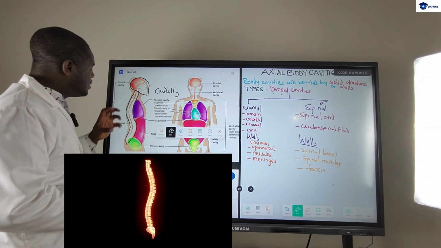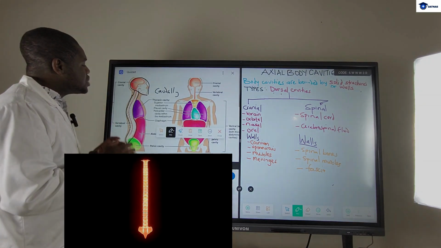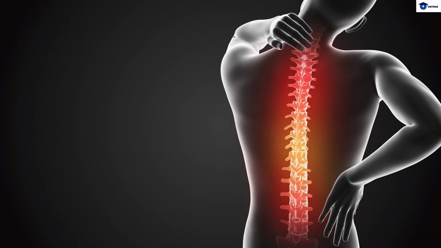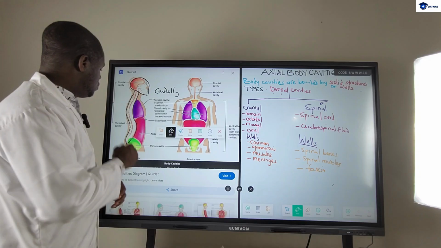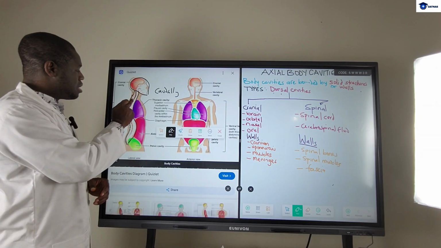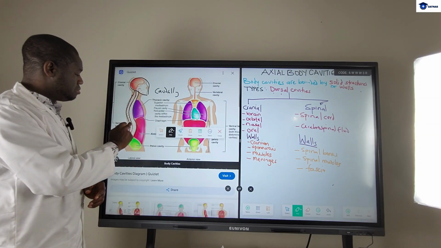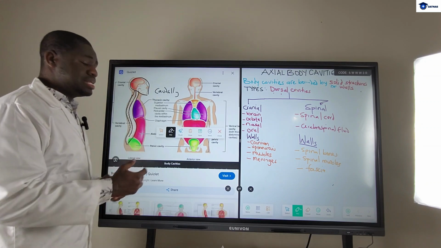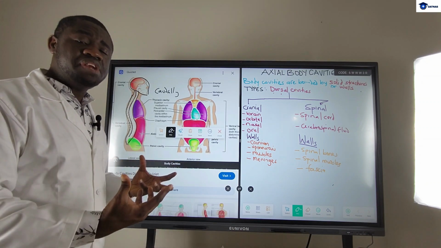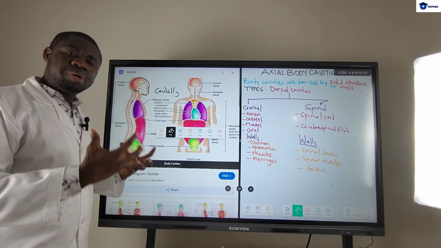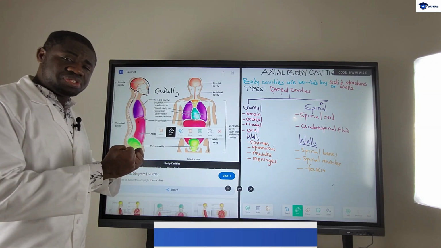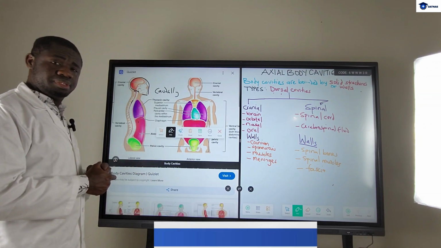The spinal cavity consists of the spinal cord, which is this, and the cerebrospinal fluid. The cerebrospinal fluid moistens the spinal cord.